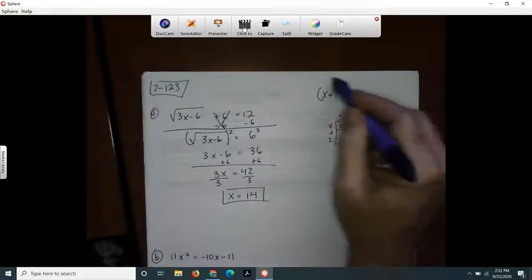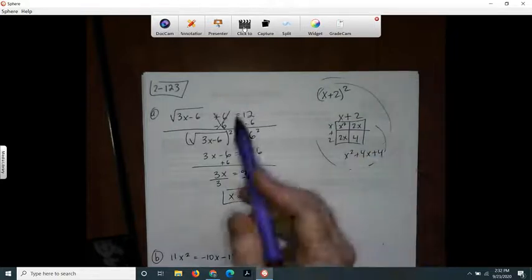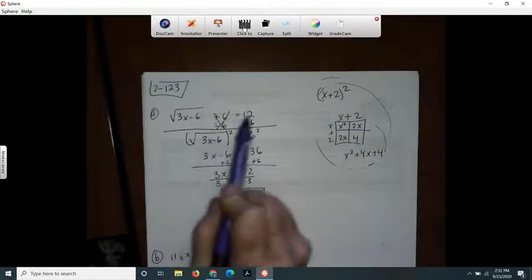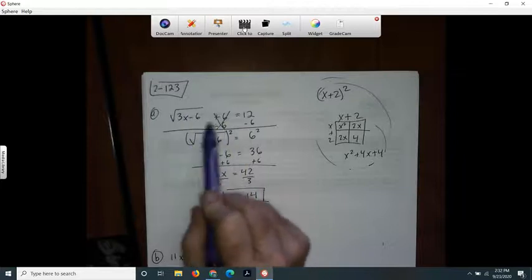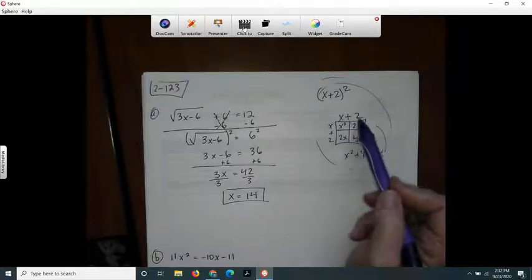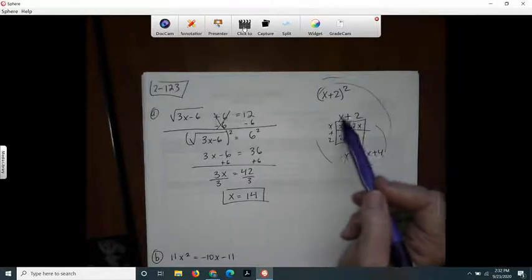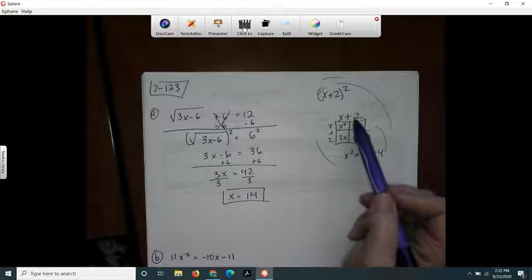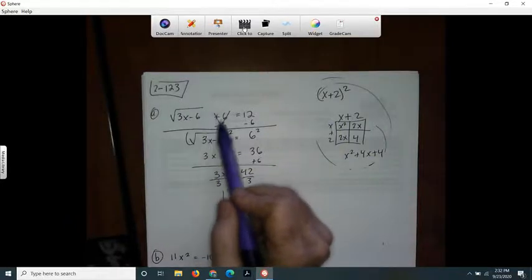Like what happens right here, if you don't get rid of that 6 before you square both sides, you're going to have what we call a binomial. It's like something plus something else, two things. That's what bi means. Bi is 2. You'll be squaring this binomial.